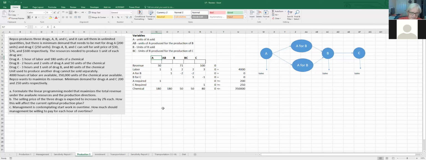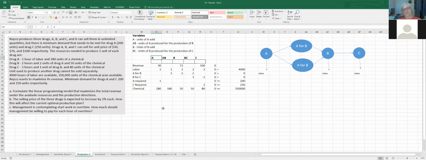So you take some of the Bs, you ship them to the C department, and now you produce a drug called C, and you use the chemical for it also. Here you need it 1-to-1. 1 unit of B is needed to produce 1 unit of C. So 2 units of A are needed to produce 1 B, and 1 B is needed to produce 1 C.